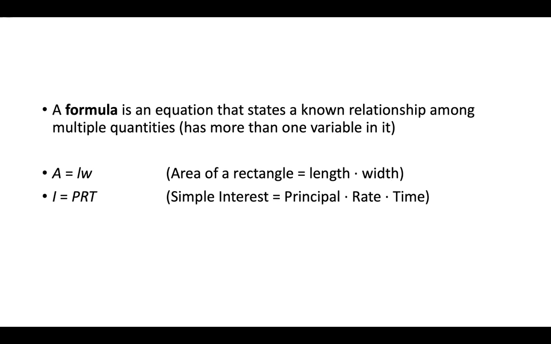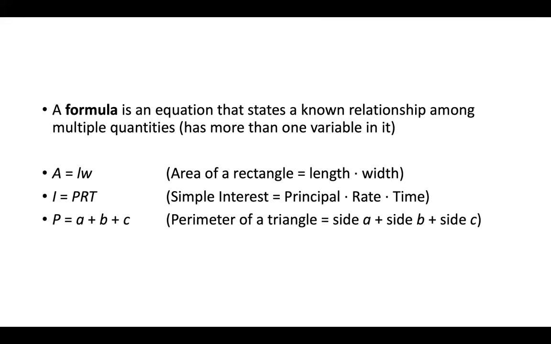Interest equals principal times rate times time. That's a formula for simple interest. P equals A plus B plus C, which is the formula for the perimeter of a triangle. In general, the perimeter of any shape is found just by adding all of its sides together. So there's really nothing special about a triangle for this.